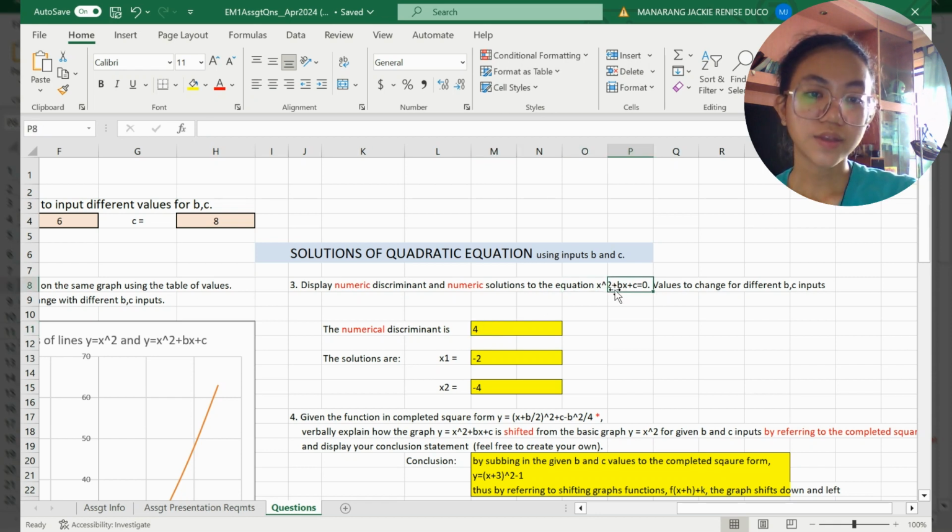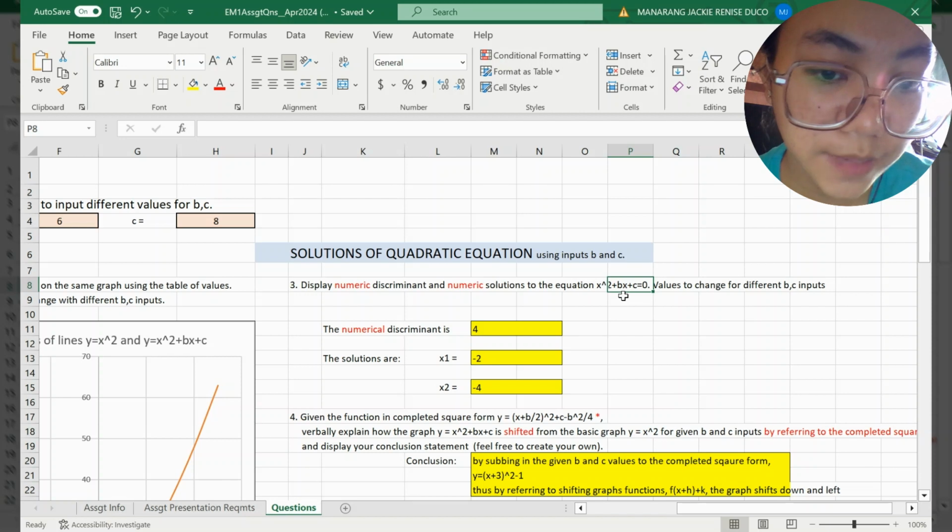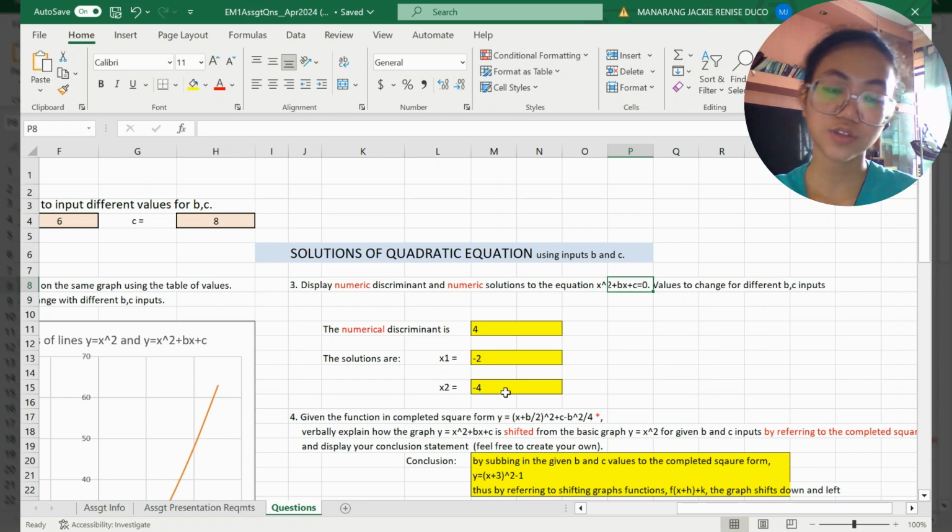Then I'll sub in my b and c values into the equation x squared plus bx plus c equals 0, and I'll simply factorize that and get x plus 2 times x plus 4. My solutions will simply be x equals negative 2 and x equals negative 4.